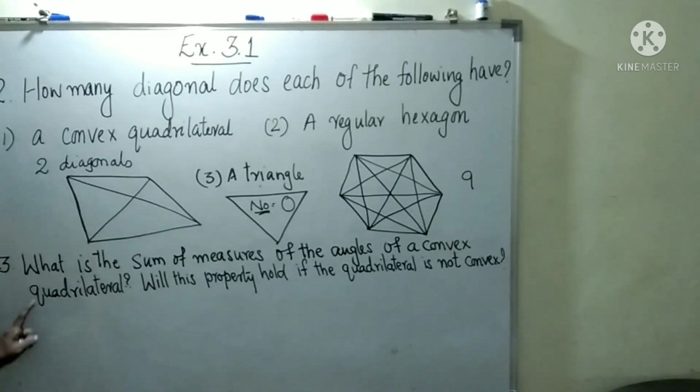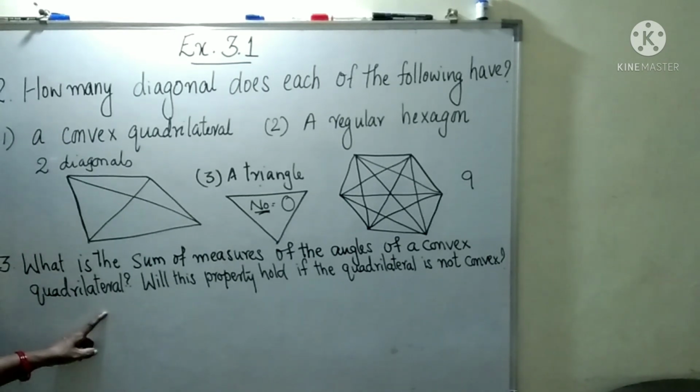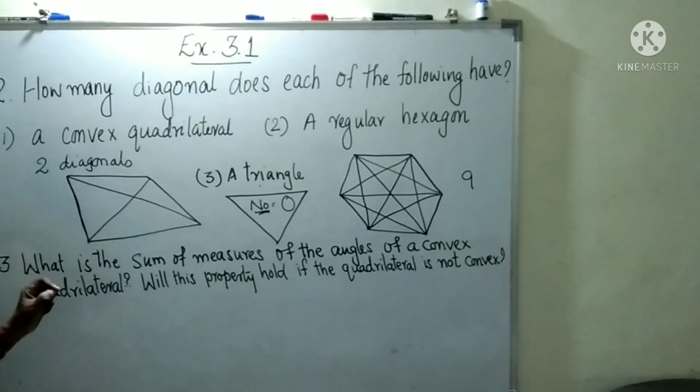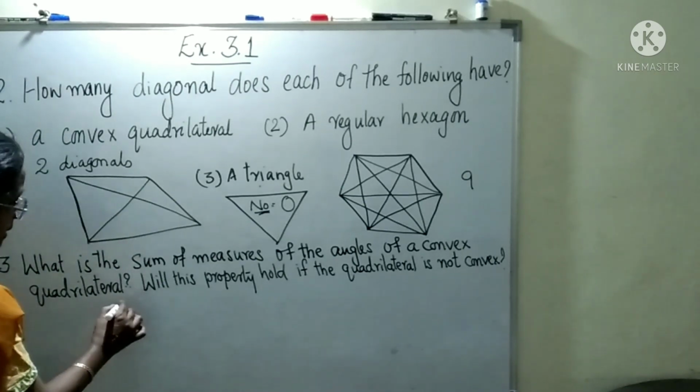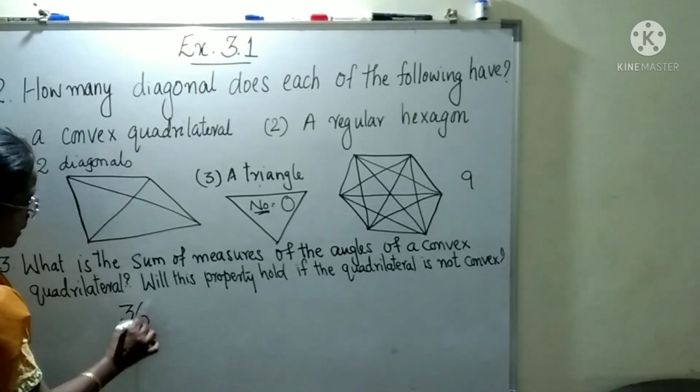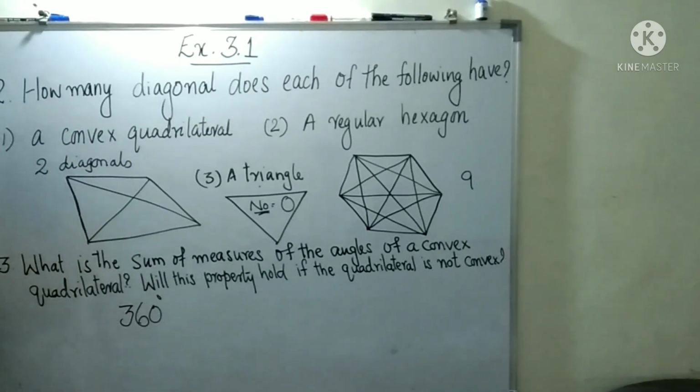Now here if you see the question number 3. What is the sum of measures of the angles of a convex quadrilateral? According to angle sum property, the sum of all the 4 angles of a quadrilateral is how much? 360 degree.